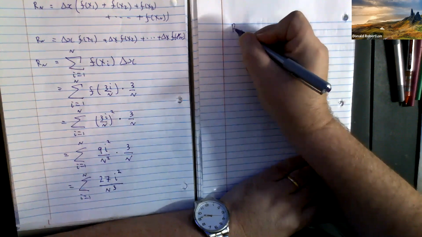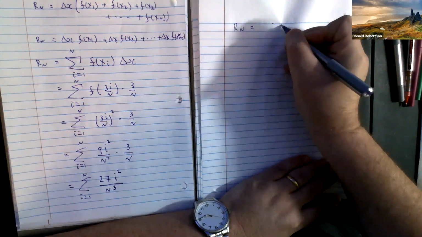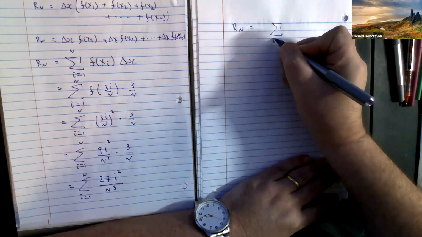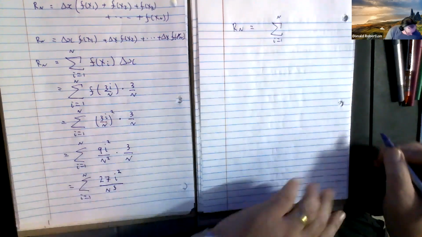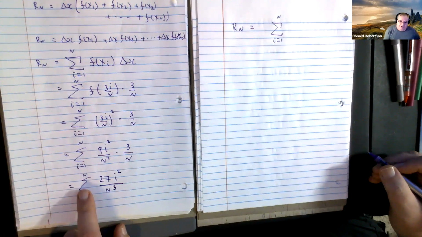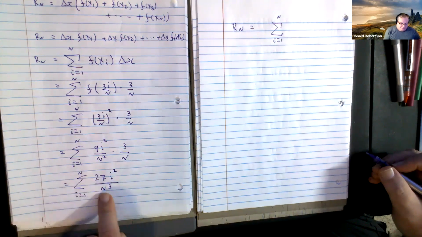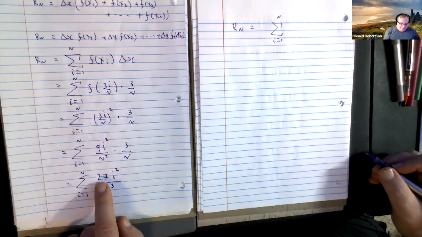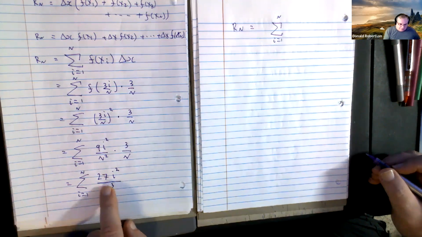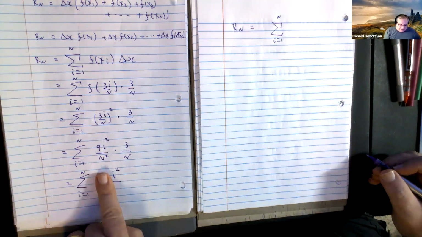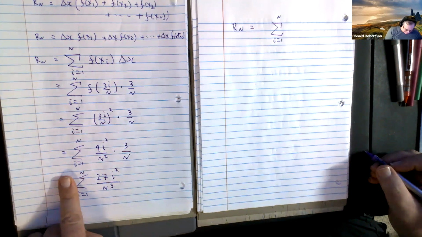Now I'm going to do a little piece of trickery. Sigma notation says that if you have a calculation inside the sigma, as long as the pieces do not have an i in them, you can take them from here and put them outside.